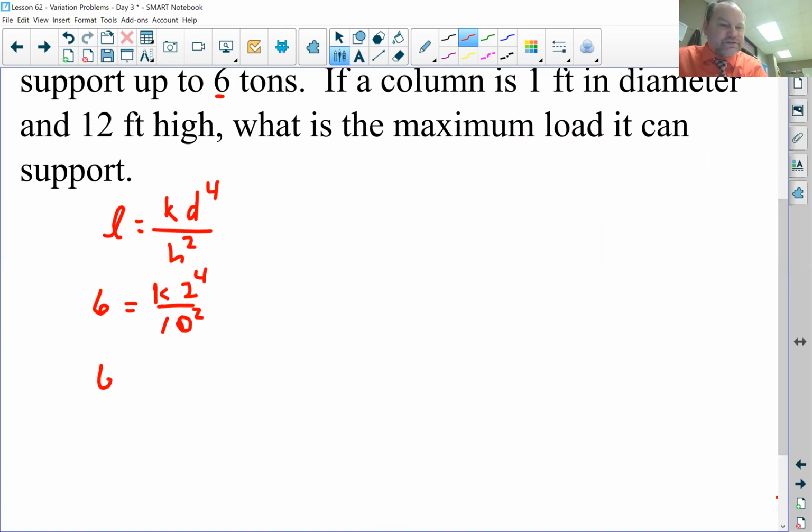So 6 is equal to, let's see, 2 to the 4th, 2, 4, 8, 16 K over 100. 600 equals 16K.